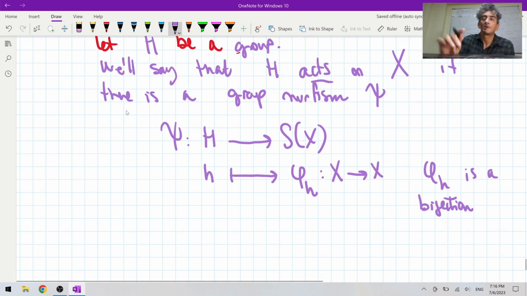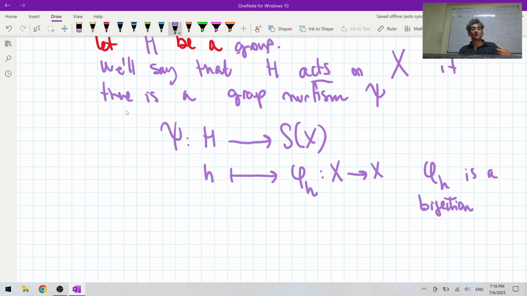So we have a way of identifying elements of H with bijections of X. And that is what we call a group morphism, a group action.